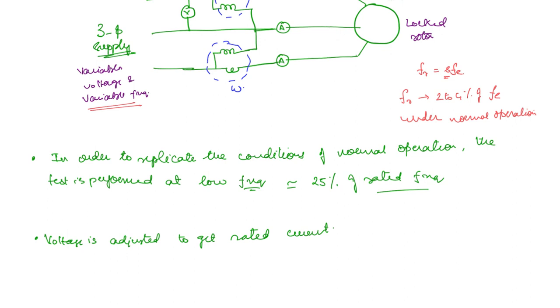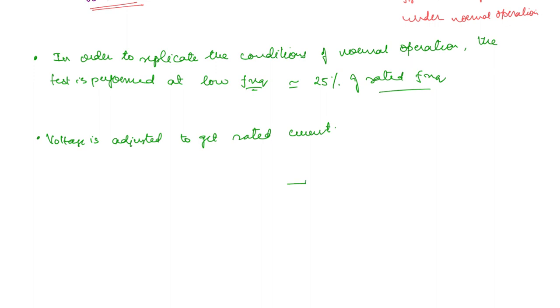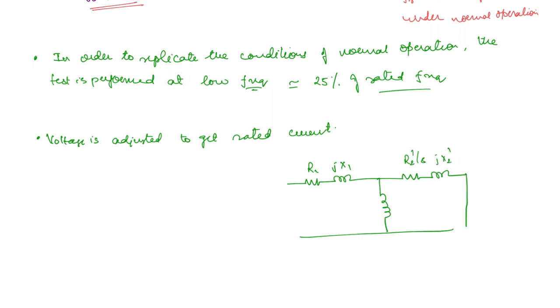Now, what will the equivalent circuit look like? So the equivalent circuit, we know the stator parameters will be R1, jX1. Next we have the magnetizing inductance, and finally the parameters R2 dash by S and jX2 dash.